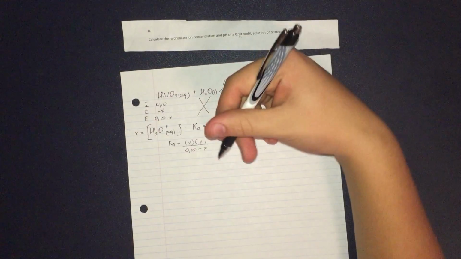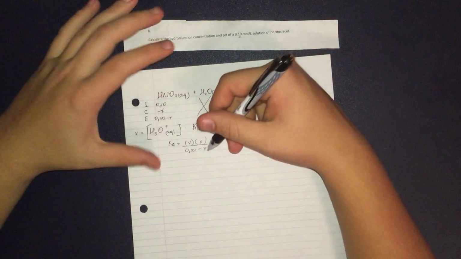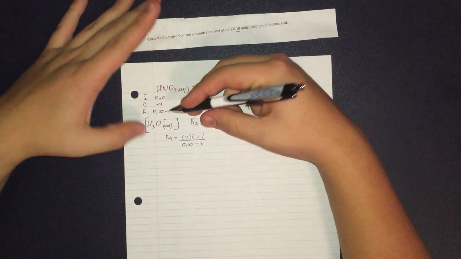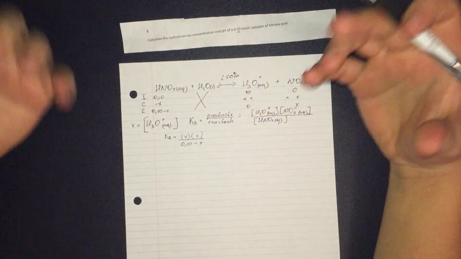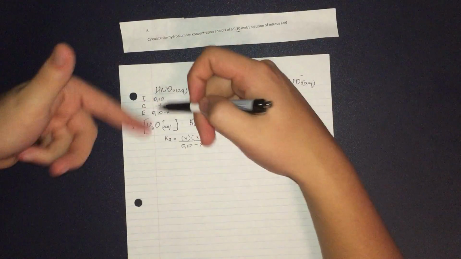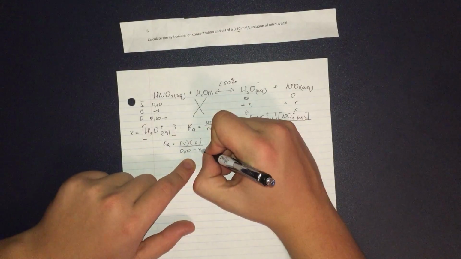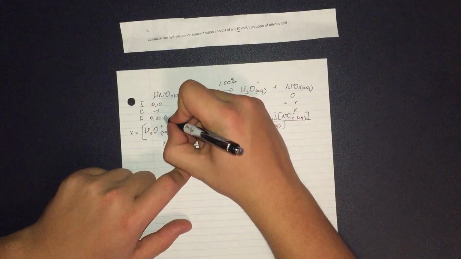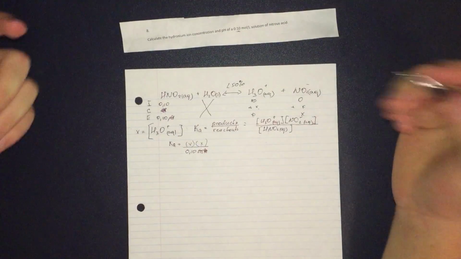But to make our life easy, this change of x, our hydronium concentration, is that small that we'll not see these big changes in our numbers. And we can just cross it out like this. Just cross it out and we will make our life easy.